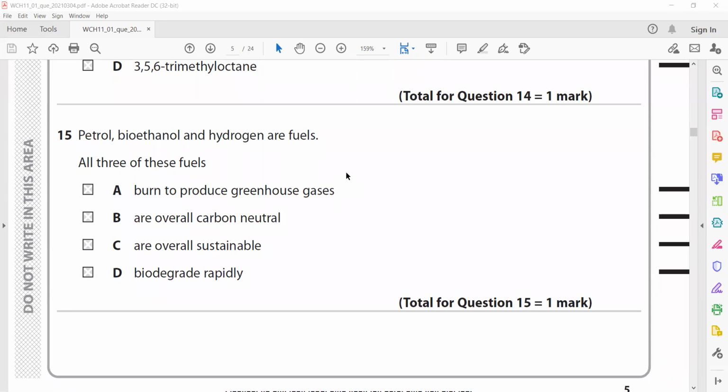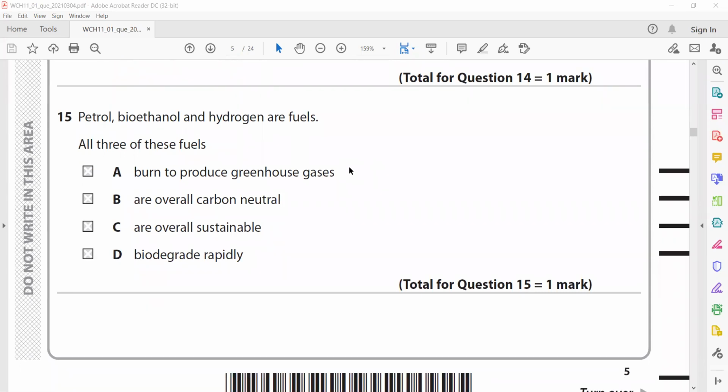Petrol, bioethanol and hydrogen are fuels. All three of these fuels burn to produce carbon dioxide, because when we burn petrol, carbon dioxide is there, and with biodiesel, carbon dioxide. What does it produce when we burn hydrogen? It produces water. And water, because the bonds are polar, is also a greenhouse gas. Are they overall carbon neutral?